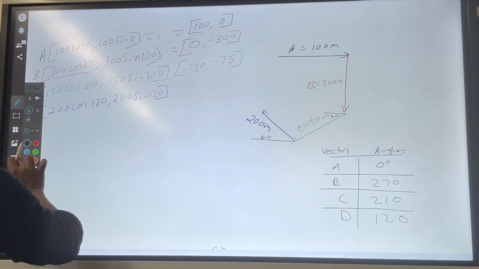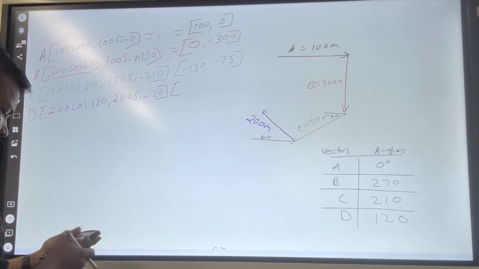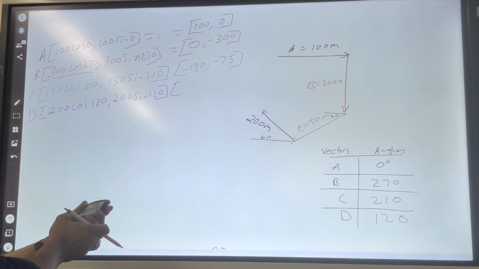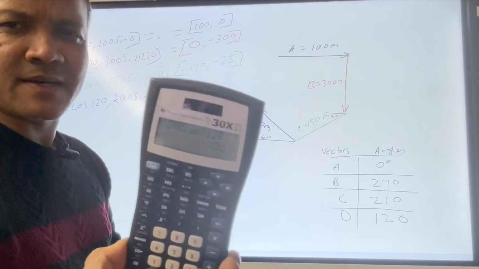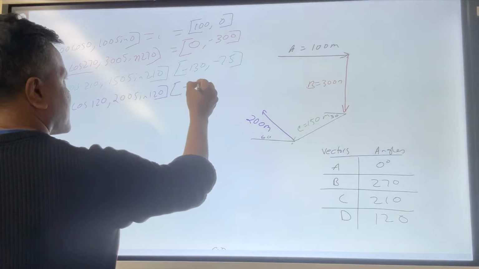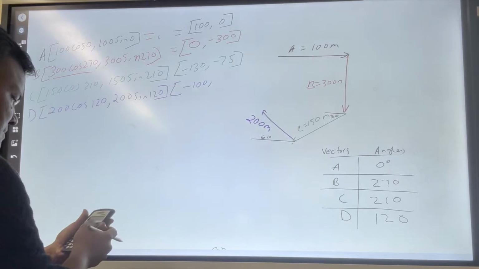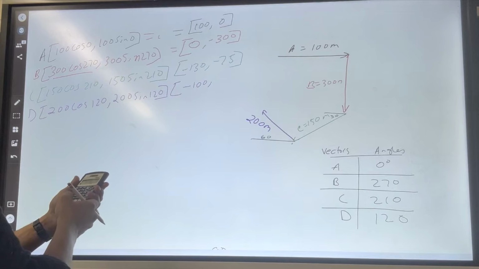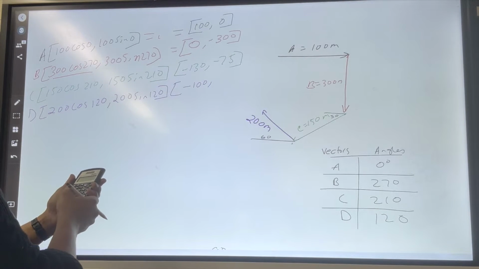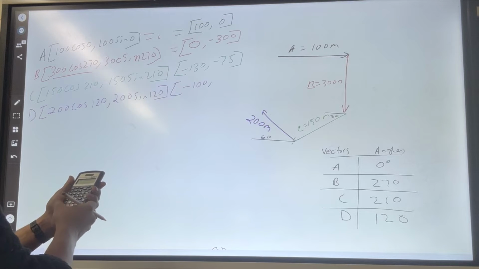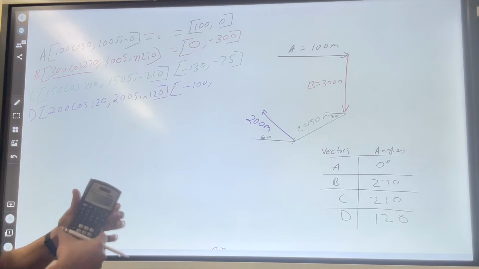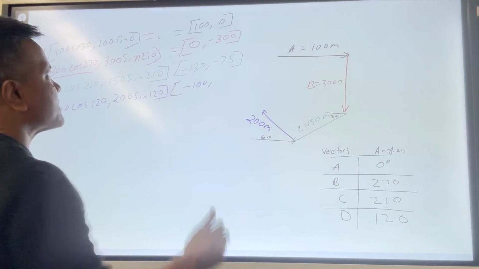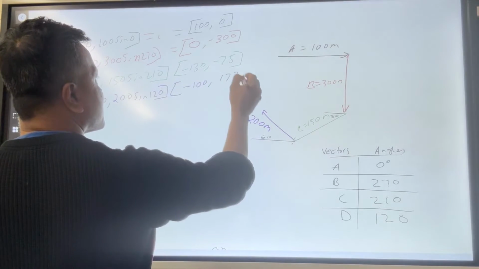Vector D: 200 cosine 120 is negative 100, and 200 sine 120 is 173.